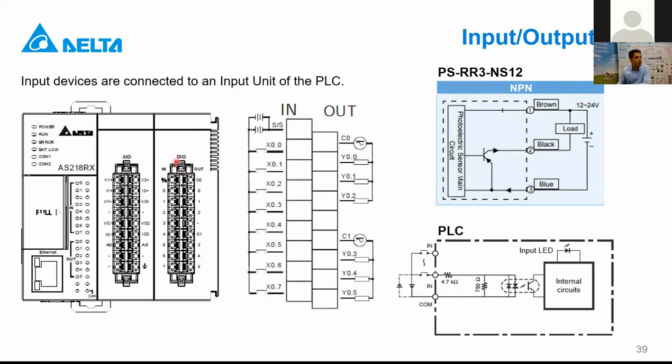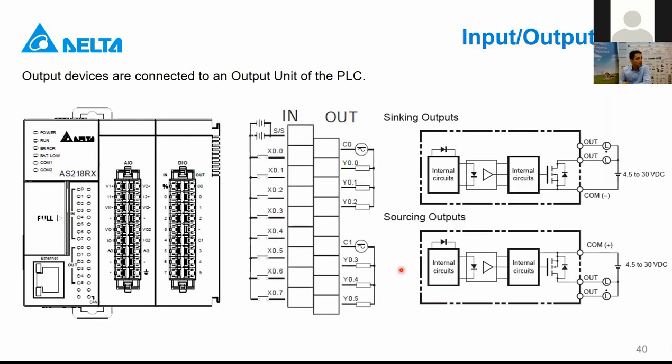This is where you can see the difference. On the left-hand side, it is the input points. You see in and out, it is defined. And on the right-hand side, you can see how to make the wiring. In the questionnaire, all of you said you made a digital wiring before, so I will not explain how to make NPN PNP wiring. I will skip this.